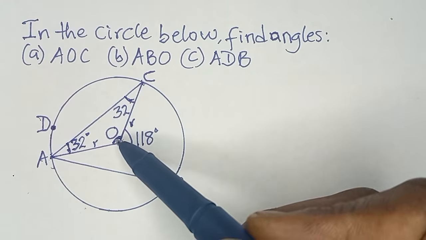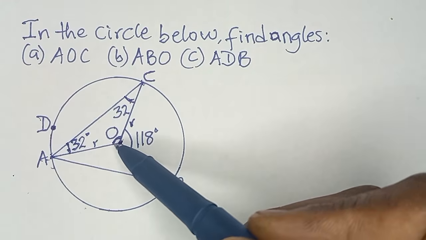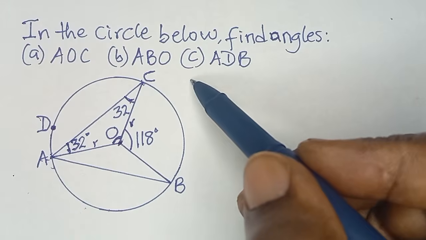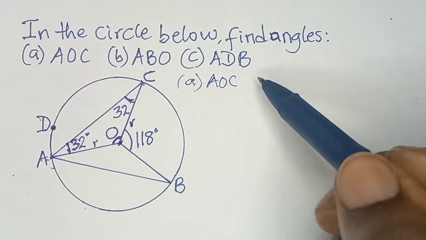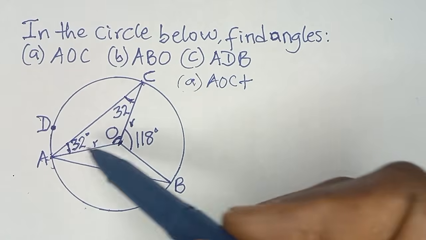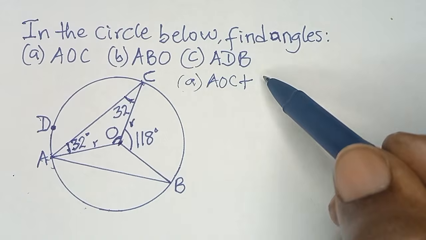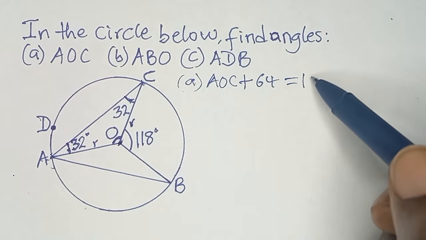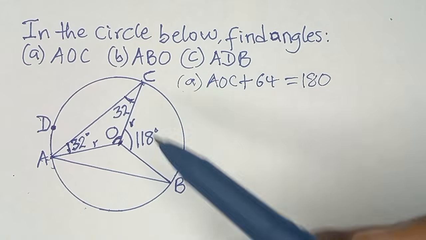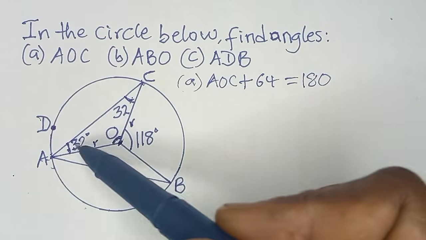So from there, we can now find this angle AOC that we're asked to look for. I can say angle AOC plus 32 plus 32, which is 64, should be equal to 180 degrees, because the sum of angles in a triangle is 180.